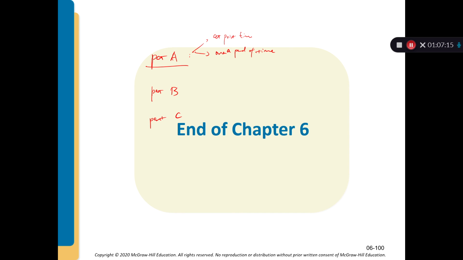Part B talks about the special issues, including consideration, financing components, and sellers' rebates to customers. And part C talks about long-term contracts.